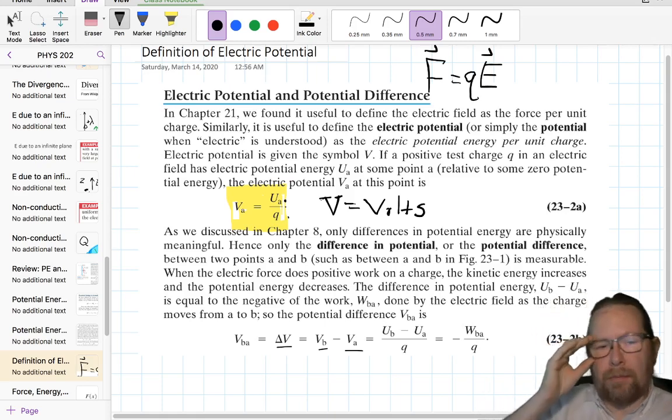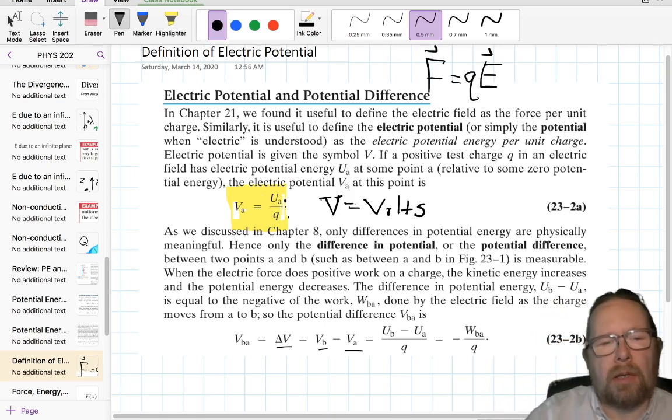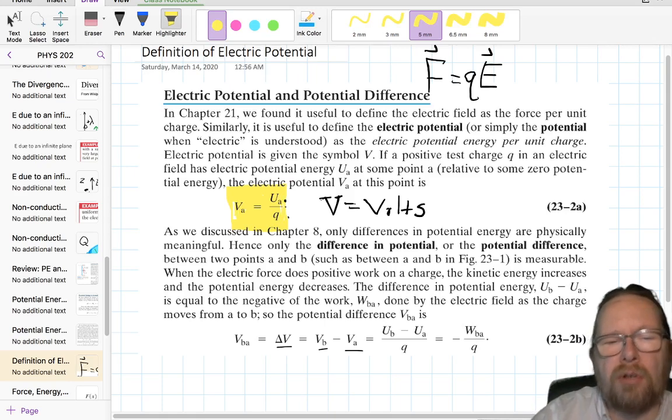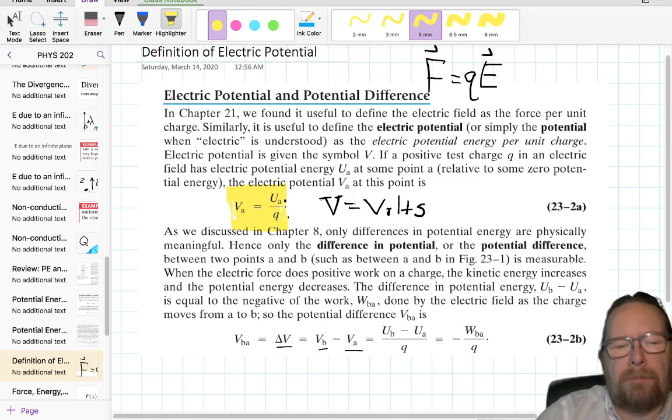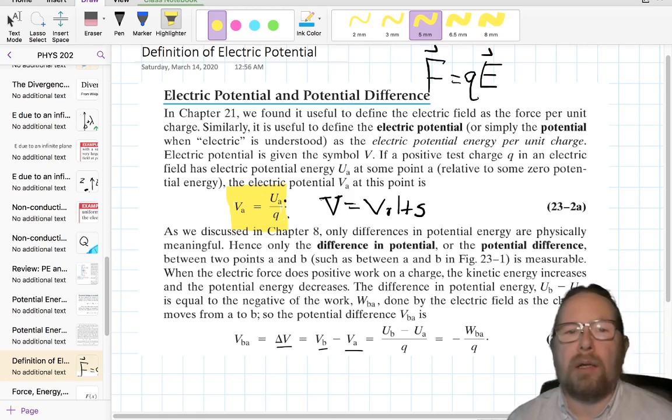Something to notice about the electric potential is that potential energy is a scalar, and electric potential is just potential energy per unit charge, so it is also a scalar. The fact that potential is a scalar is one of the reasons that it's a useful quantity in electricity and magnetism.